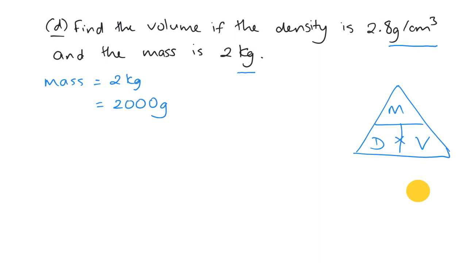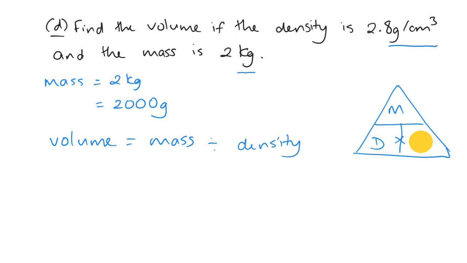And then you say, okay, we're worrying about volume, so cover over V. So the sum that we have left is our volume equals mass divided by density. So our mass in grams is 2,000 and our density is 2.8, and we get 714.3. So then again, think of our units. Our volume is in something cubed, so we can see it should be centimeters cubed.